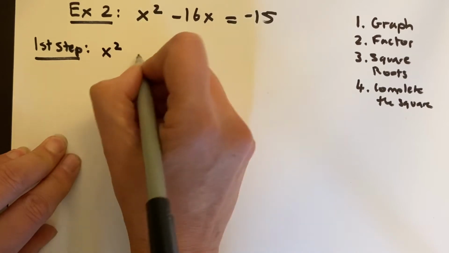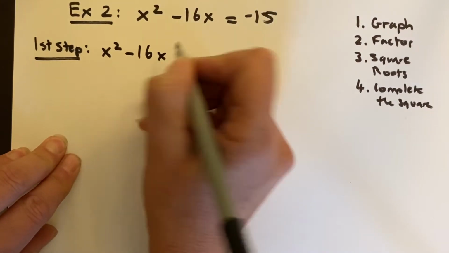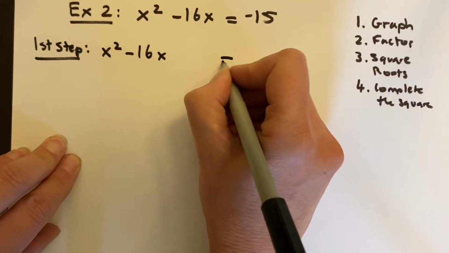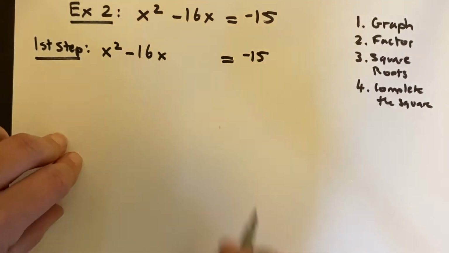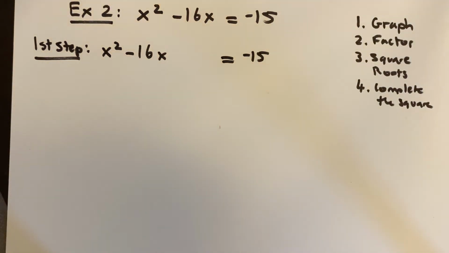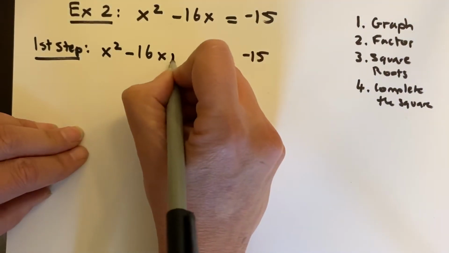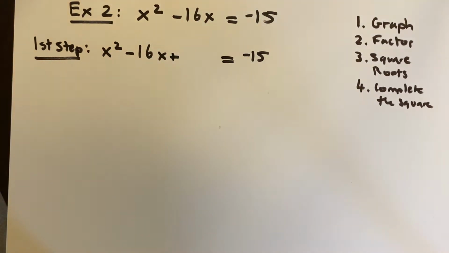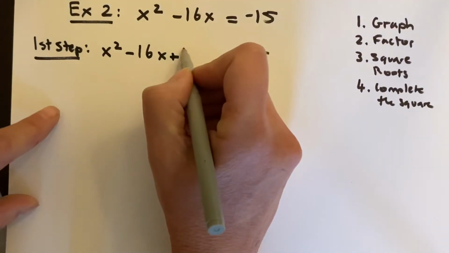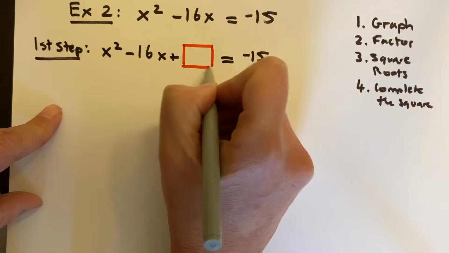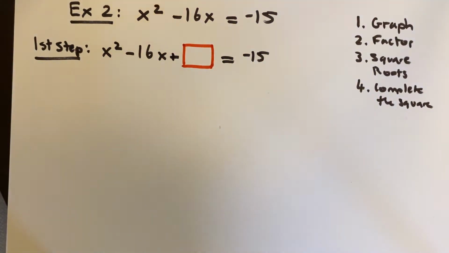X squared minus 16x. Your first step is to draw the problem like this, because you want to leave an empty space where this value is going to go. So first, draw that, leaving yourself lots of space.